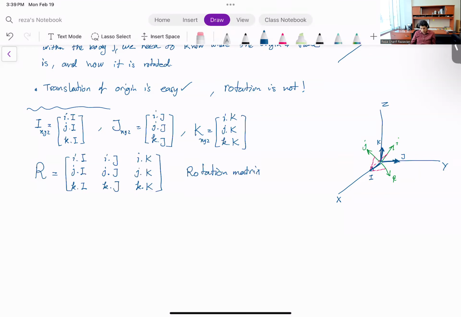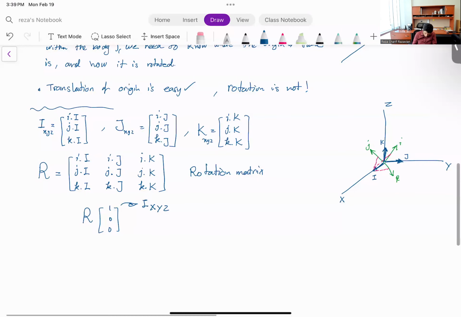And what does it do? It rotates the frame. And to see that, what you can do is take this rotation matrix R and multiply it by 1, 0, 0, which was my I in the big XYZ frame. So this is the definition of I in that frame.